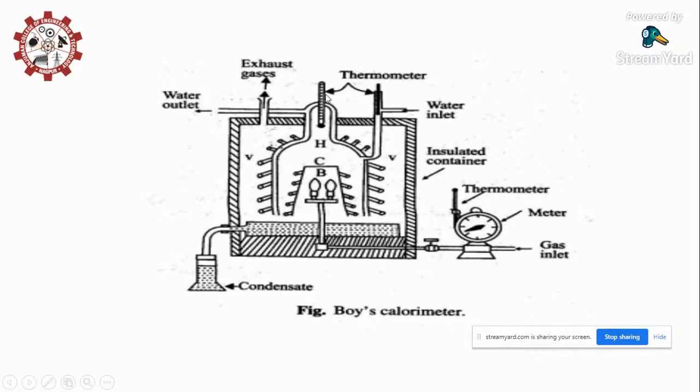There will be a change in temperature, which will be indicated in the thermometer. We'll do this process continuously for roughly 35 to 45 minutes, so that whatever heat is generated is taken up by the water and shown by the thermometer. So we get two temperatures, the inlet temperature and the outlet, that is, the initial temperature and the final temperature.